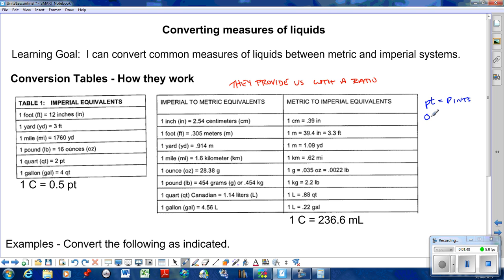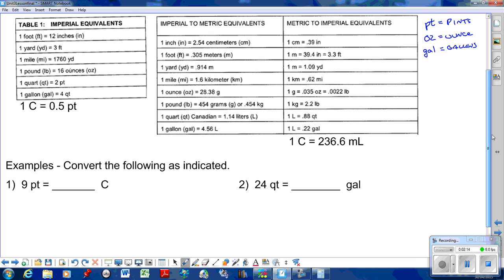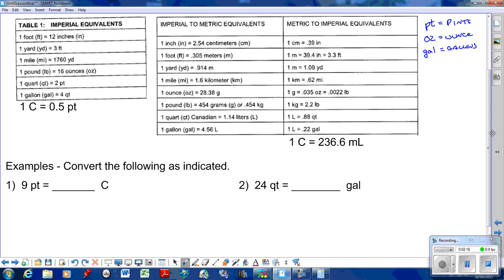So that's our OZ, and it's just a liquid measure in the imperial system. We also have GAL for gallons. All right, so they are just different terms. Now, in the metric system, we have liters, we have milliliters, and those are really the common ones. We don't have any other ones, whereas the imperial system uses pints, ounces, and gallons fairly regularly.